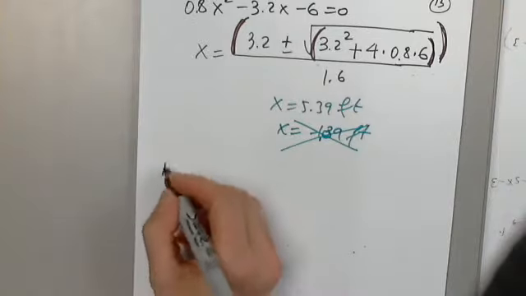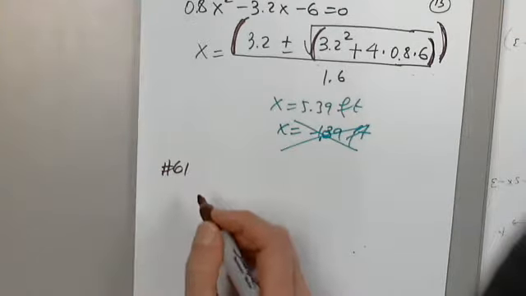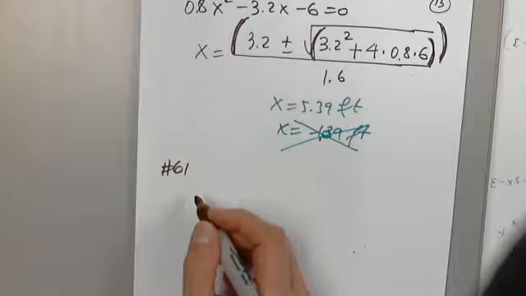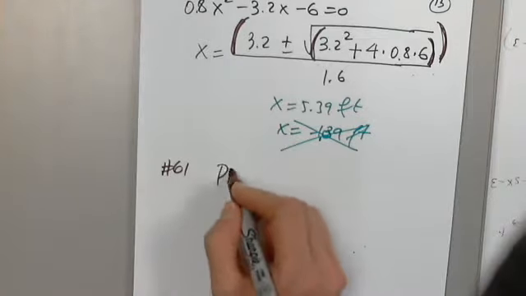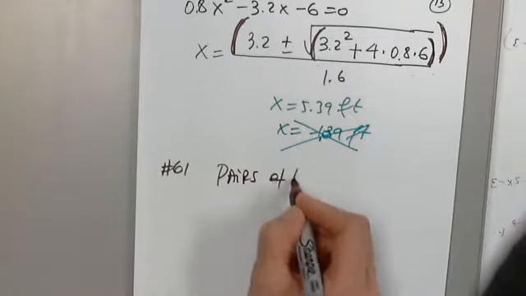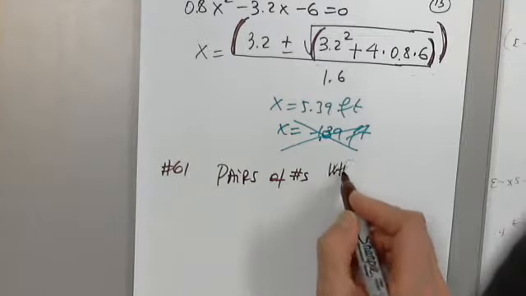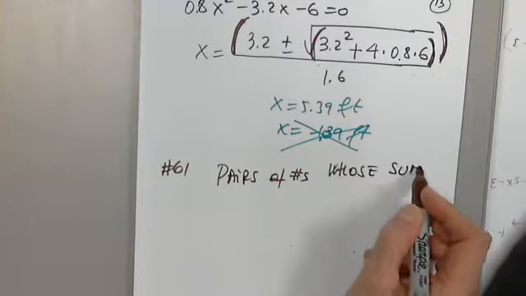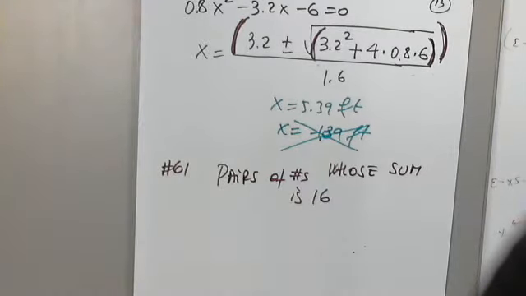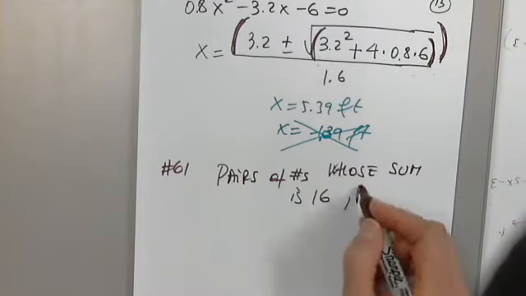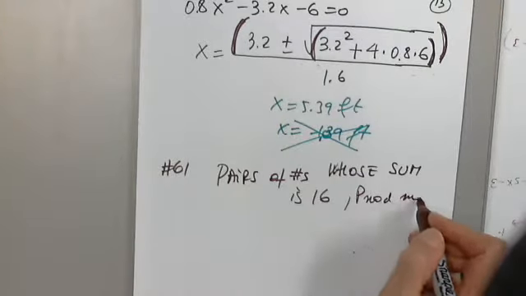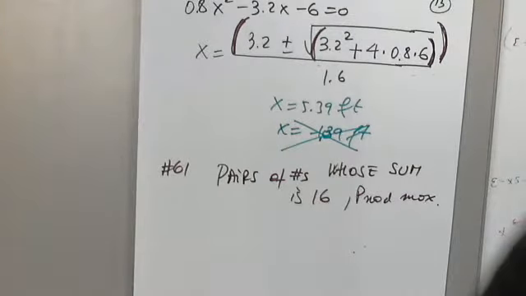61. Among all pairs of numbers whose sum is 16, find the pair whose product is as large as possible. Product max, or maximum product.